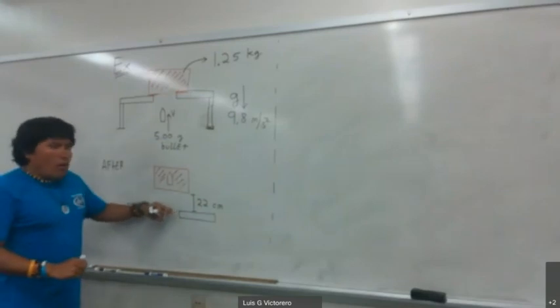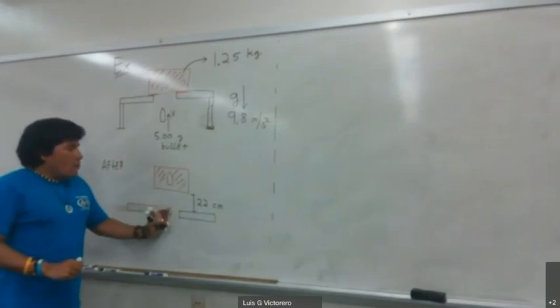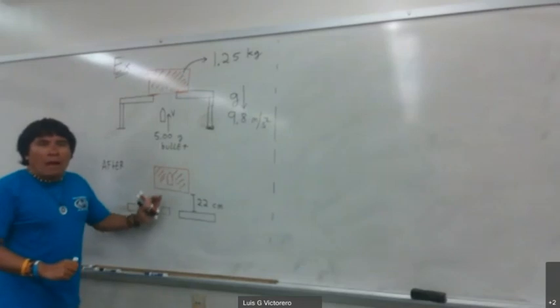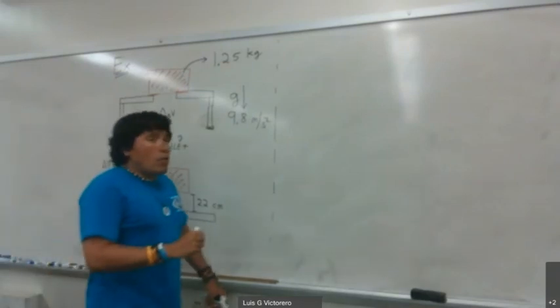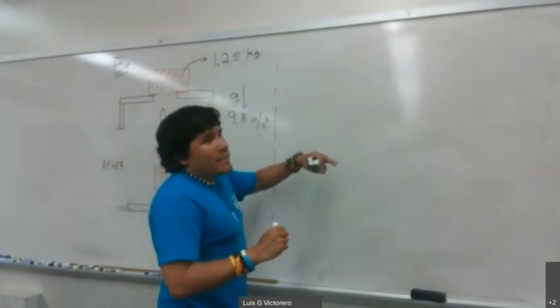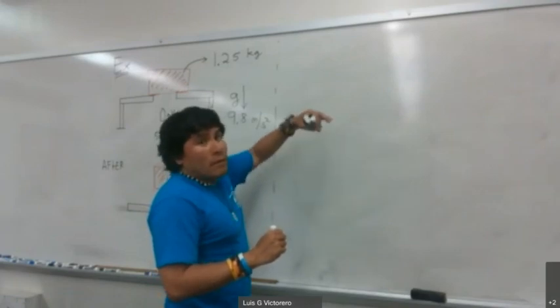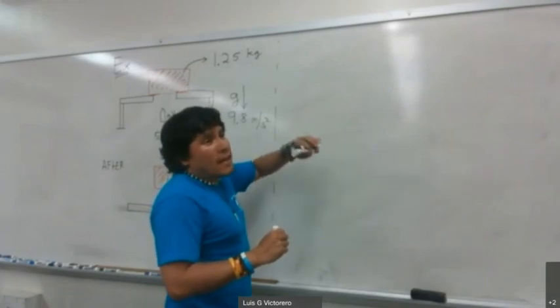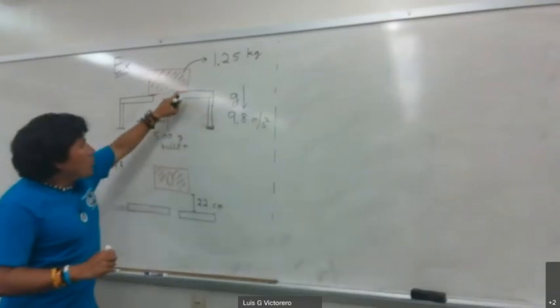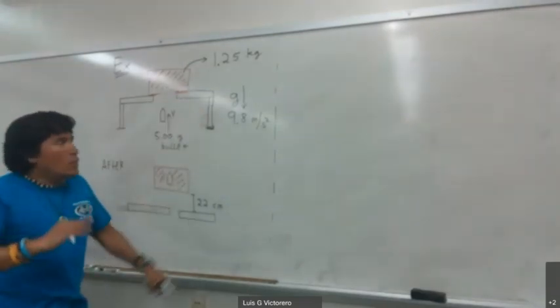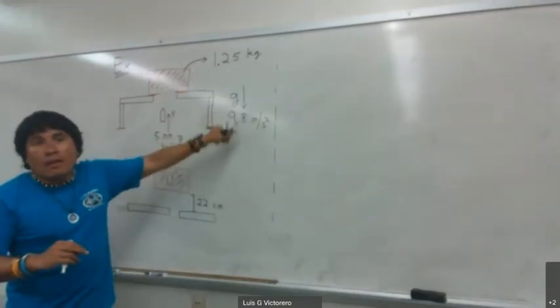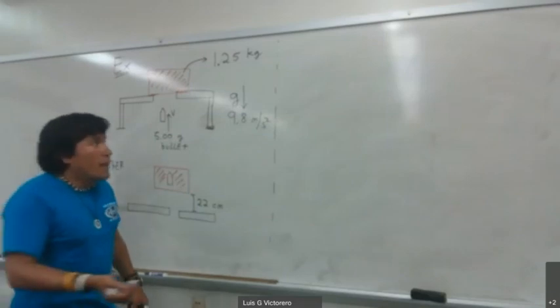The block was just resting there, right? And then why does the block go up? The block goes up because it gains energy to go up. The only force acting between this point and this point is the force of gravity, which is a conservative force.